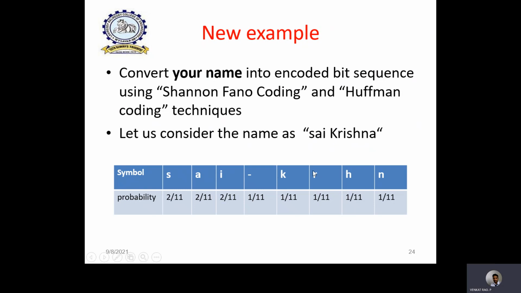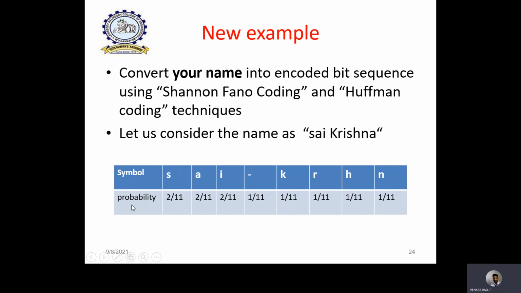K, let us assume no case sensitivity. R, I. I will not be written again because I is already counted. Next, S is already counted. H, N, A is already counted. So 3, 4, and 4, 8 symbols are there along with space. We need to write this set of symbols like this.